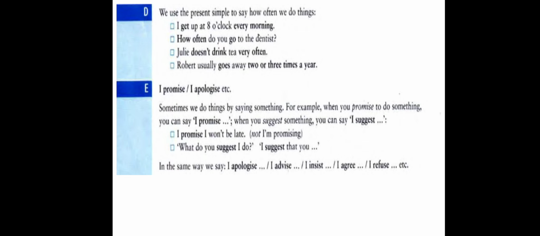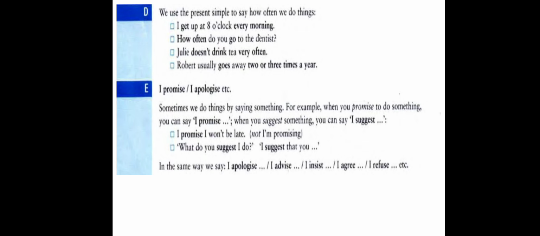E. In the case of expressing apology or promise, to say the word promise or apologize, we use it in the present simple, because here you assure something. When you assure something, in the case of promise, you speak about something which is abstract, stative.